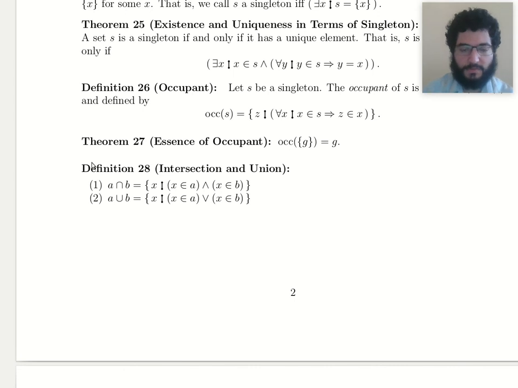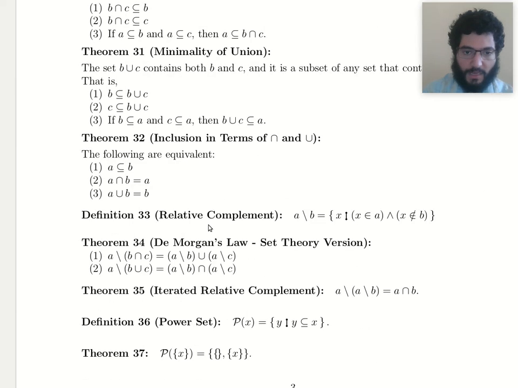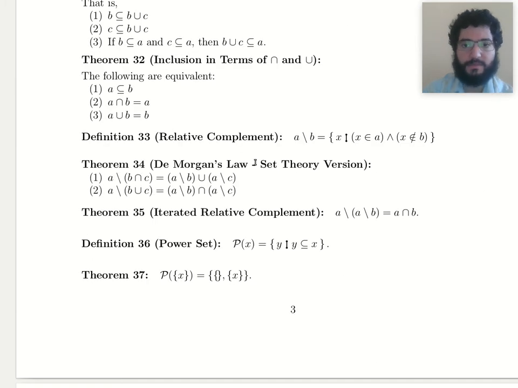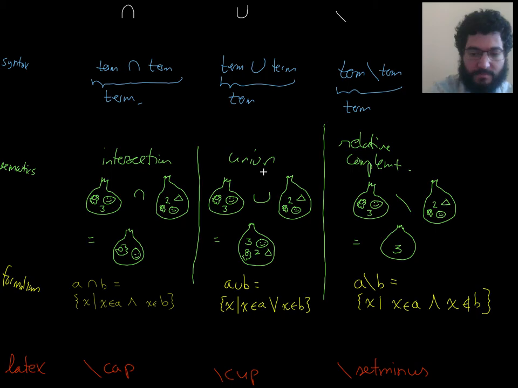Okay, so looking at the notes, what I've introduced here is definition 28, and I've also introduced definition 33 at the same time. Now, if you imagine bags and objects in bags, you're probably going to have a lot of intuitive ideas about what happens when you combine these symbols in different ways. And that's really good to have those intuitive ideas.